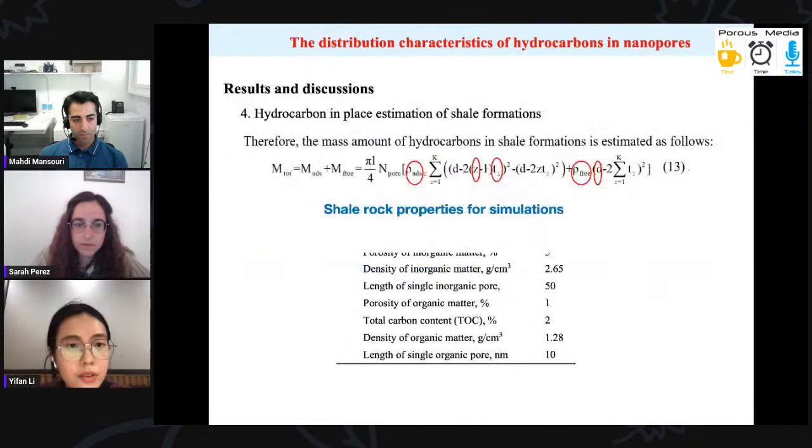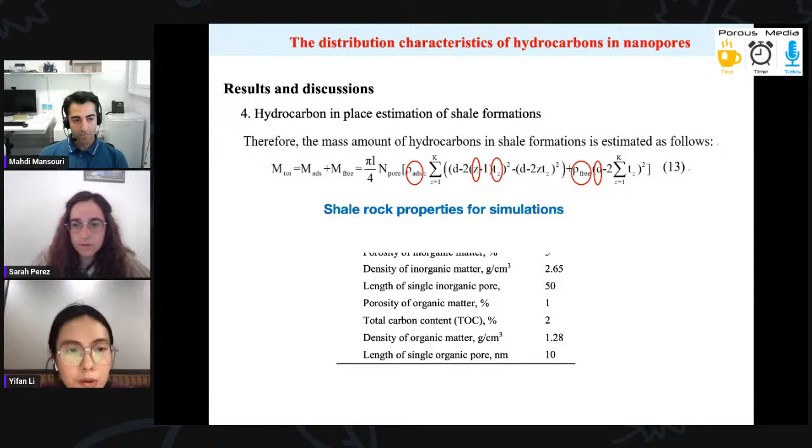So the next slide is about the hydrocarbon in place estimation of the shale formation. After we do the simulation runs, we have some parameters from the density distribution curve, like the densities of the adsorption phase and the densities of the free phase as well. Also, we have the thickness of each adsorption layer, and the number of adsorption layers could be obtained from the density distribution curve.